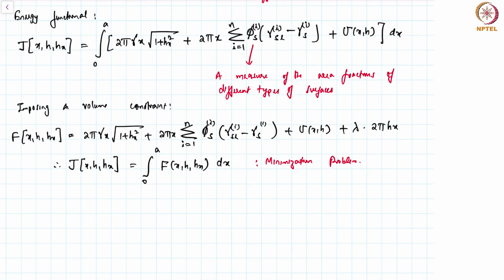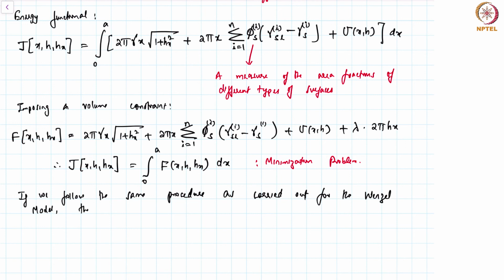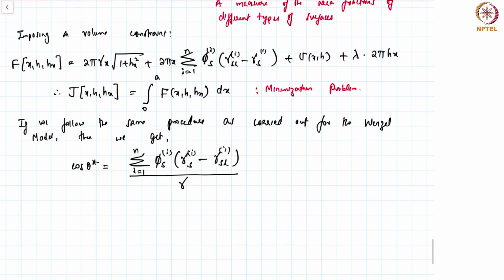And if we do the analysis like before, the same procedure as carried out for the Wenzel model, we get cosine of theta star will simply be summation of I going from 1 to n phi s of I times gamma I of s minus gamma I of SL divided by gamma.